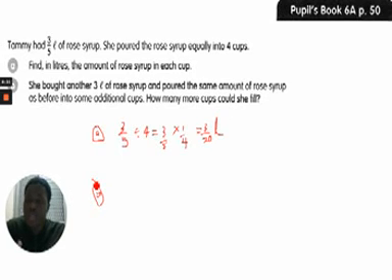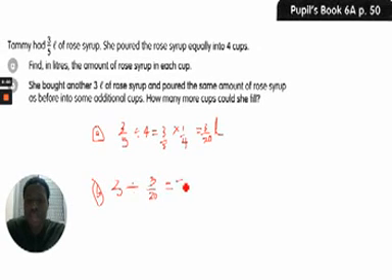So B, it says she bought another 3 liters of rose syrup and poured the same amount of rose syrup as before into some additional cups. So here we are. She bought 3 and she poured the same amount, which is the 3 over 20 as before.